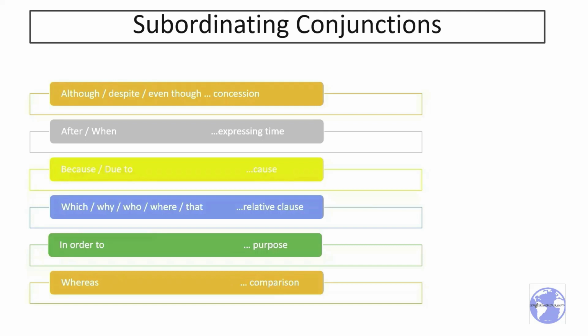And then linking words or subordinating conjunctions of comparison, whereas or while. So whereas I like coffee, I also like tea. Whereas we use this again a lot in writing task 1, when you're comparing something on a graph, a chart, and in writing task 2, if you're making comparisons too.